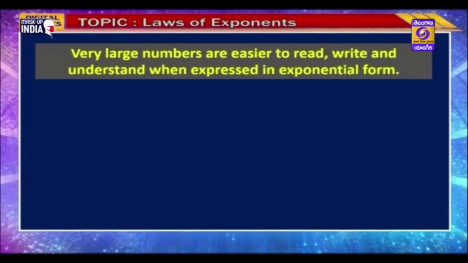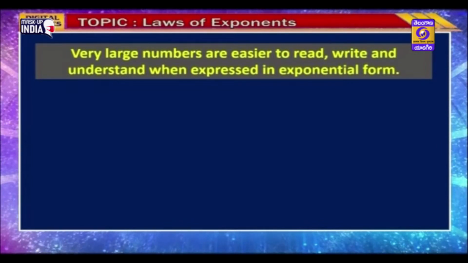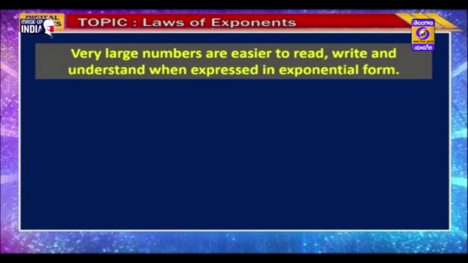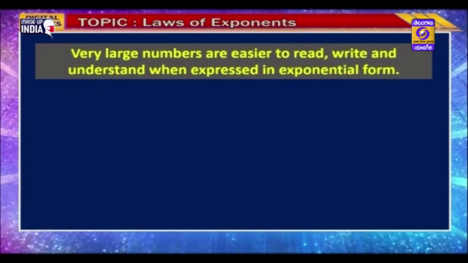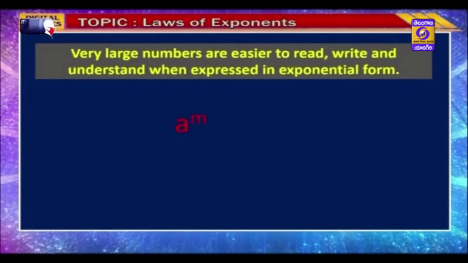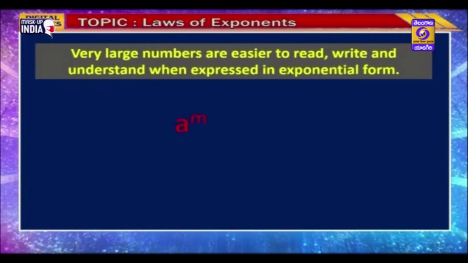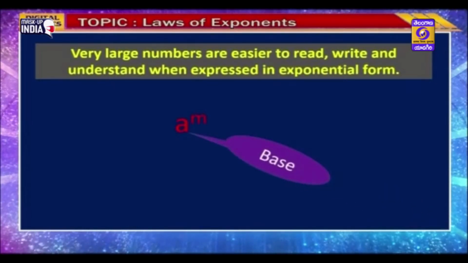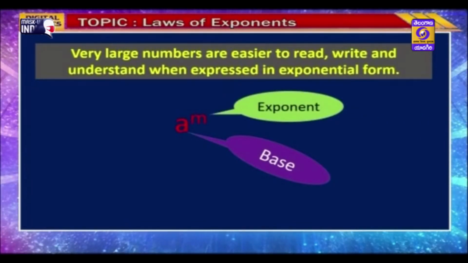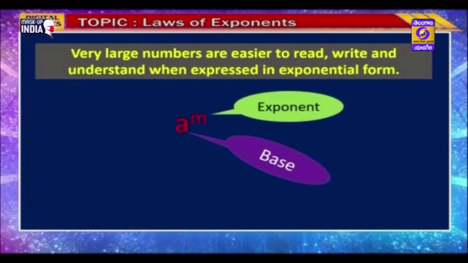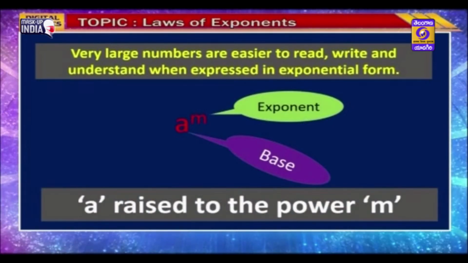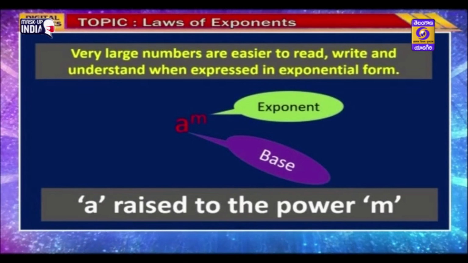See here a to the power of m. This a we call the base and m we call the exponent, and we read this as a raised to the power of m.